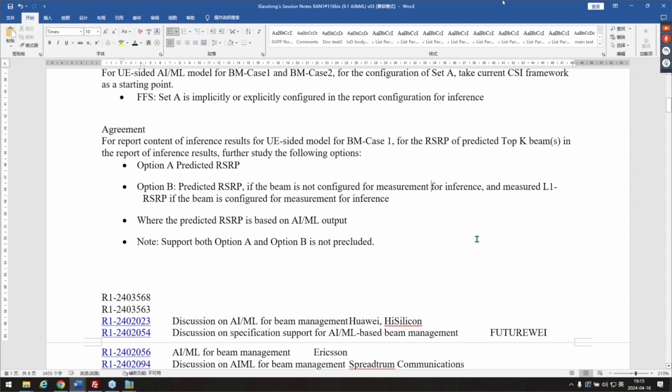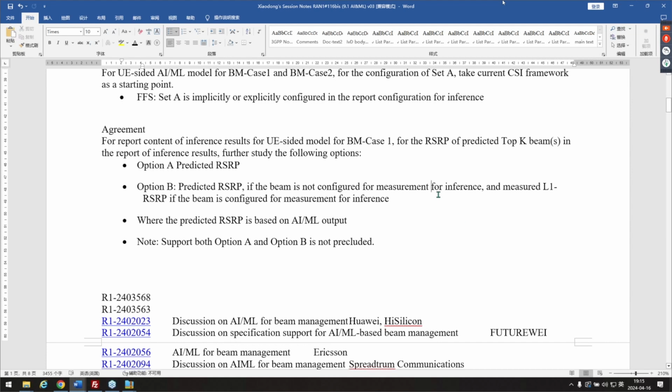Because our understanding is that within a report configuration, there will be measurement for inference, and there may be measurement for interference in the current CSI framework, and maybe in the future we may have measurement for monitoring. So if the predicted bins fall inside this measurement, then you can use the actual measured L1 RSRP for these bins. So we don't need to limit the L1 RSRP for measurement only for inference.